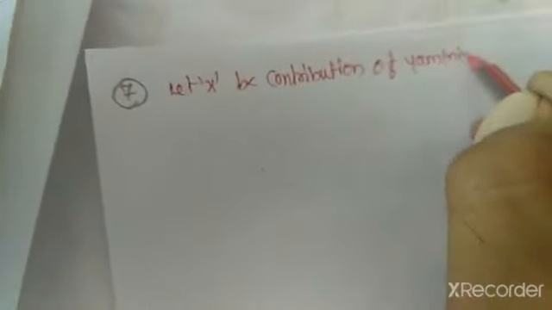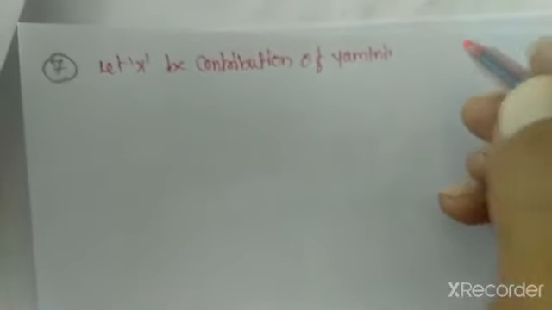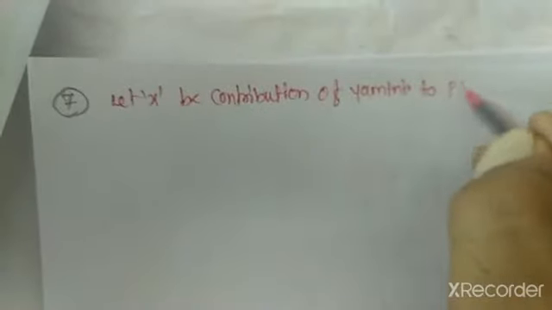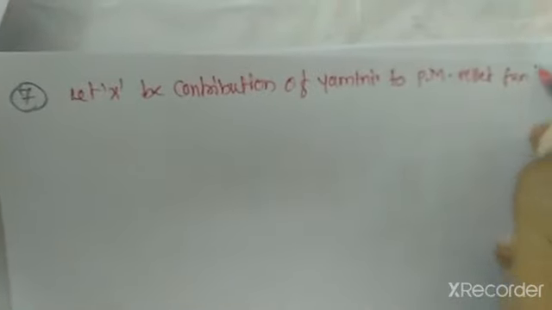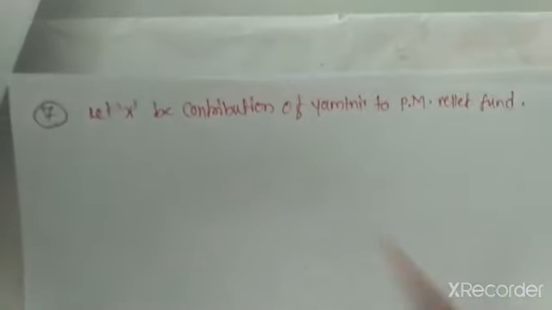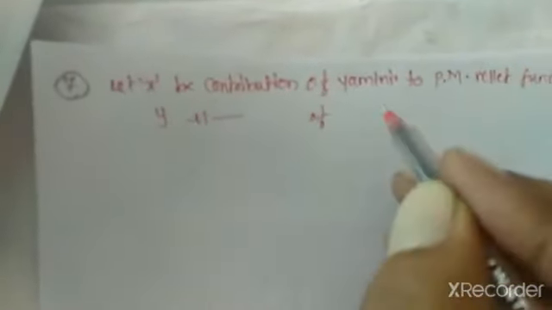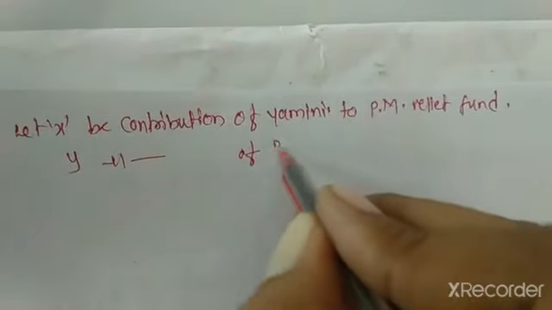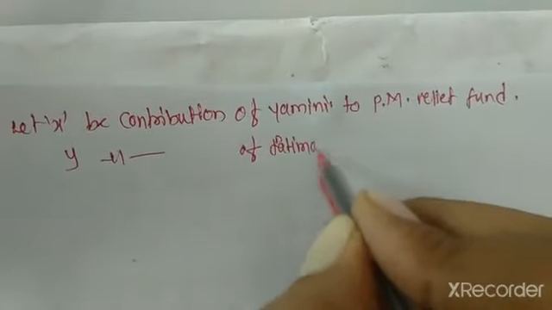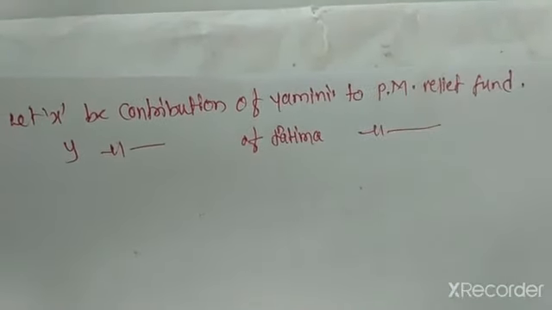First of all I will define: let x be the contribution of Yamini to the Prime Minister Relief Fund, and y be the contribution of Fatima to the Prime Minister Relief Fund.